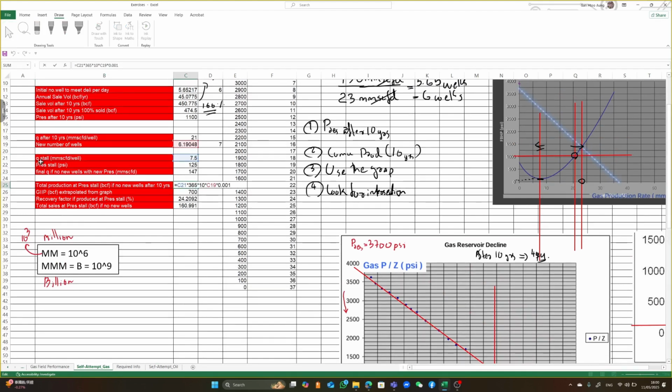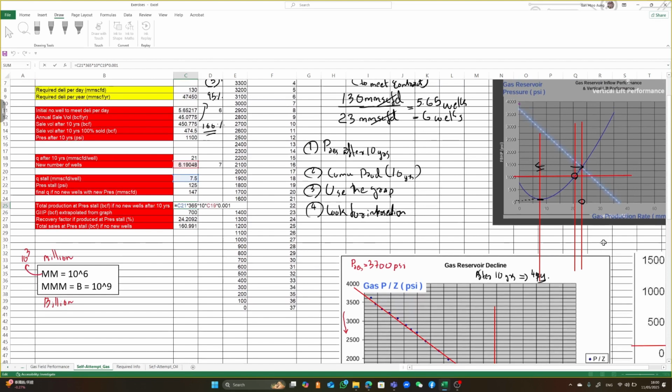So the stall flow rate is what I have estimated by looking at this graph and the intersection point at the x-axis, and I consider this as 7.5. So 7.5 million standard cubic feet per day is produced per well at this stall reservoir pressure, and multiply this with 365 to give us the annual production.